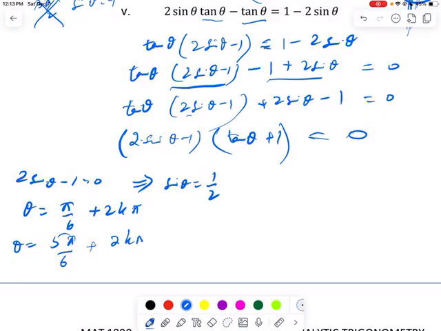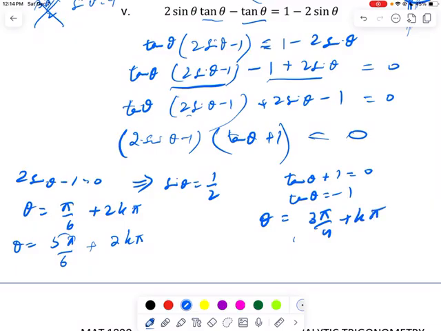So this is the solution of one equation. From the other equation, tangent of theta plus 1 equal to 0, which means tangent of theta is equal to negative 1. And when does that happen? That happens when theta is 3 pi over 4 plus k pi.